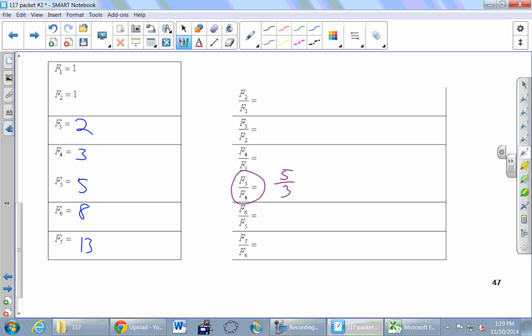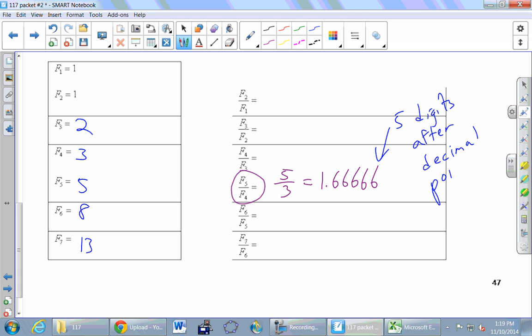You can do it by hand because the number is small, but you're going to be using your calculator quite extensively here. What I need you to do is write down 5 digits. You're going to round after the 5th digit after the decimal point. So don't just write 1.7. You're not going to get enough.